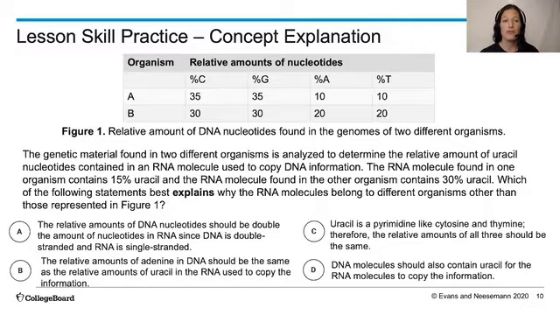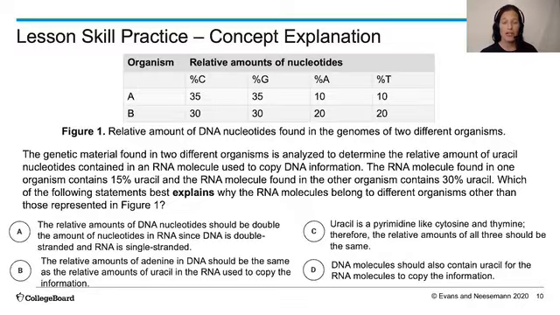The RNA molecule found in one organism contains 15% uracil, and the RNA molecule found in another organism contains 30% uracil. Which of the following statements best explains, that's our skill, why the RNA molecules belong to different organisms other than those represented in figure 1?